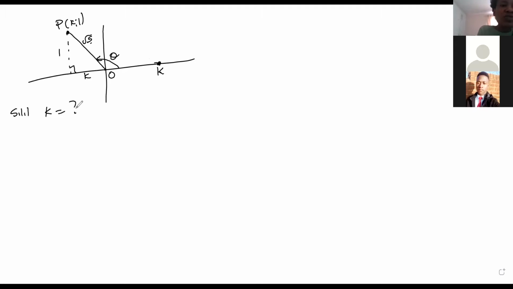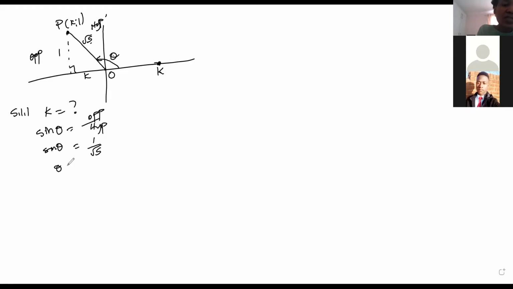So they want the value of K, okay? So if this is theta, we have the opposite and we have the hypotenuse. So you see, we can use sine theta, which is opposite over hypotenuse. Opposite is 1, hypotenuse is root 5.